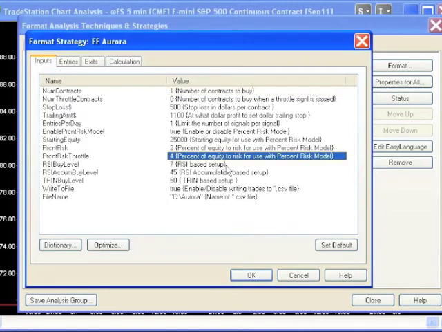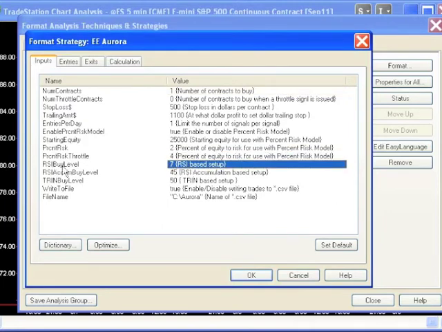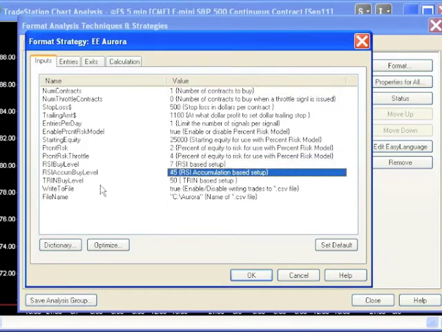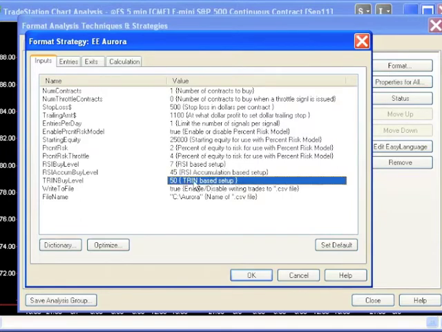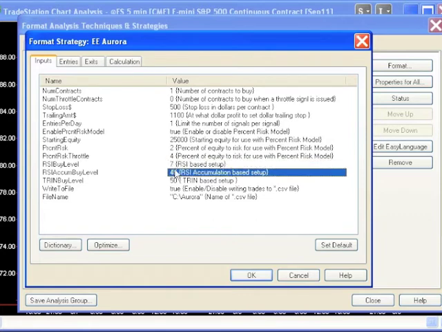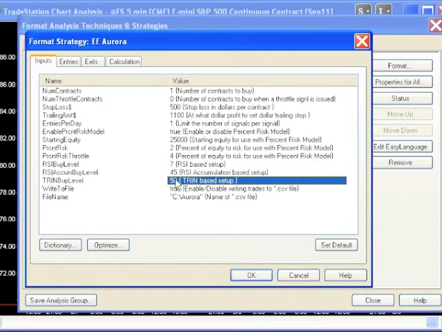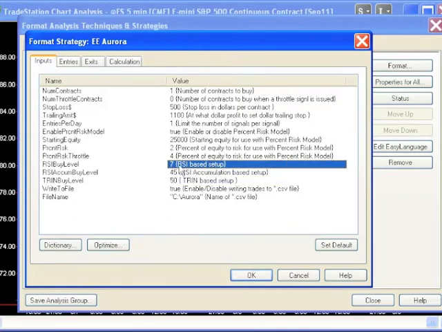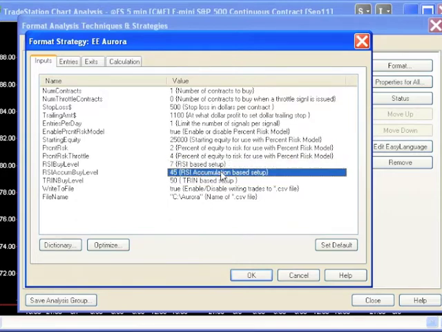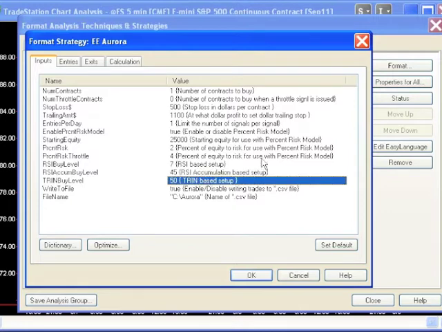Our next inputs, we have RSI buy level, RSI accumulation buy level, and our trend buy level. These are parameters used by our 3 different setups. The first one is based on our RSI setup. The next one is the RSI accumulation setup, and the trend buy level setup for the last one.